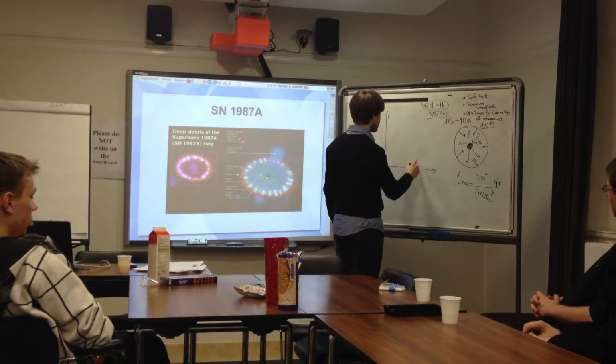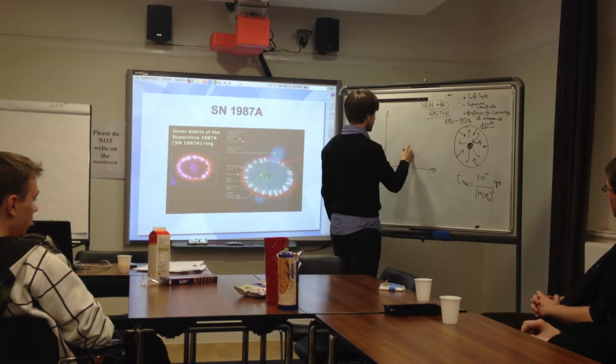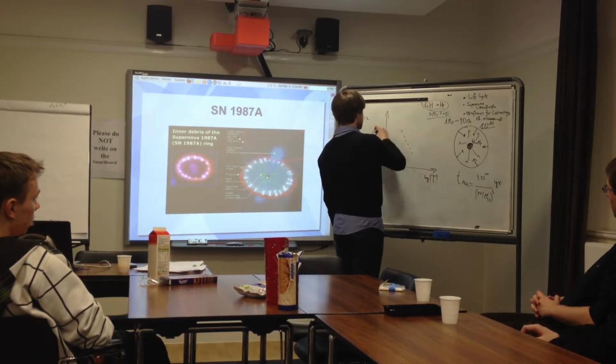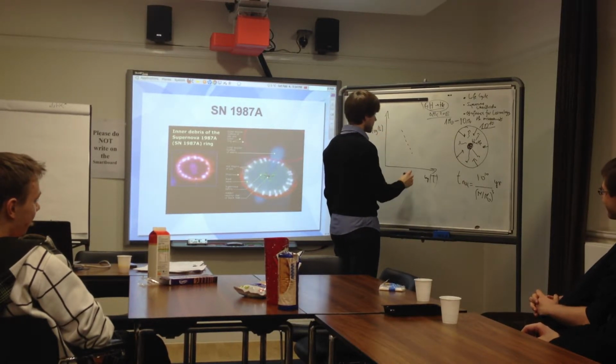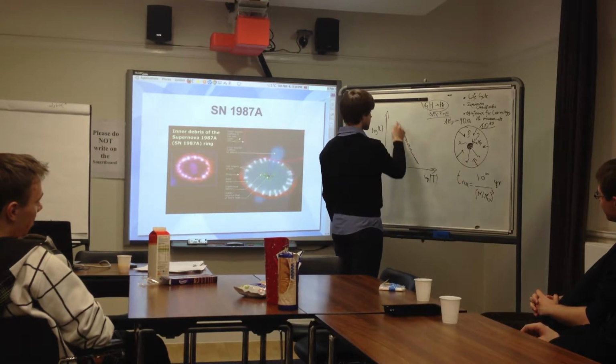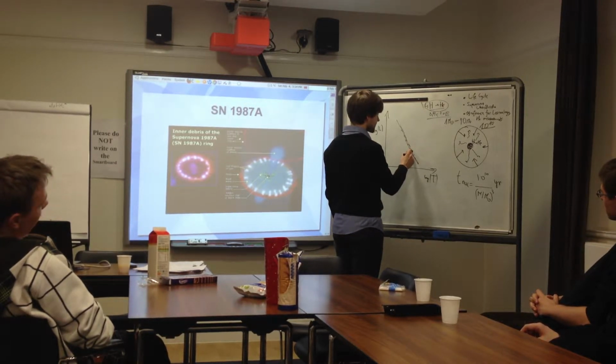this phase. This phase on the Hertzsprung-Russell diagram, which could be labeled here as temperature, for instance, log of temperature. And here you could have log of many things, for instance luminosity. You've got the main sequence, where the star starts and sits there for a long time in its evolutionary period.